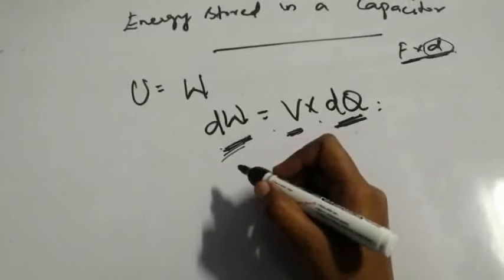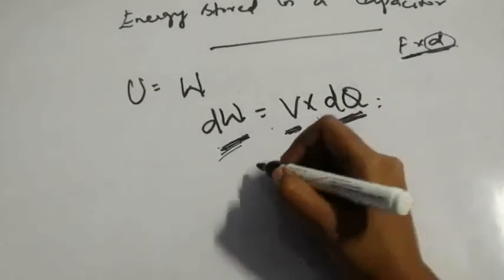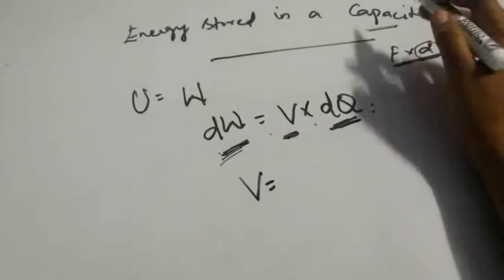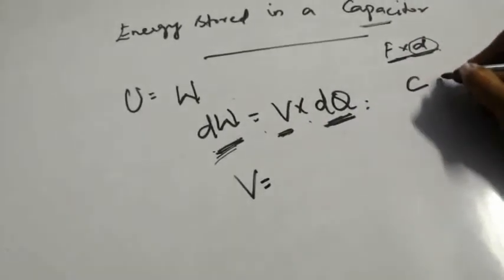To get the original charge value, we know that the voltage V can be written from the capacitance, as it is a capacitor.